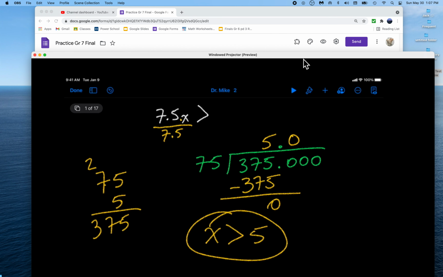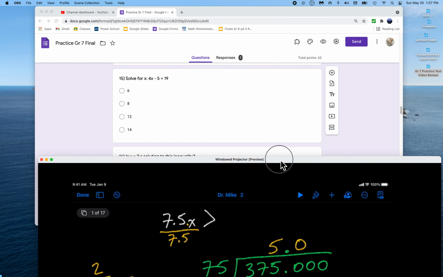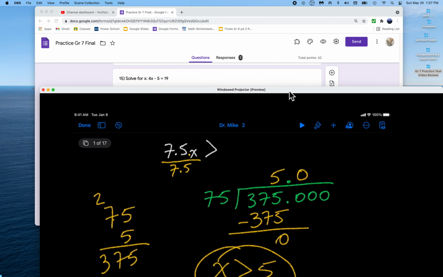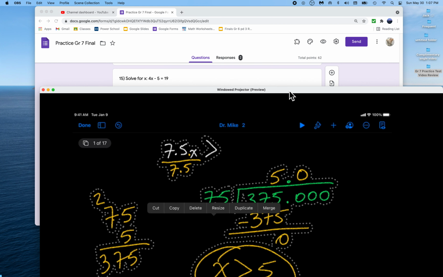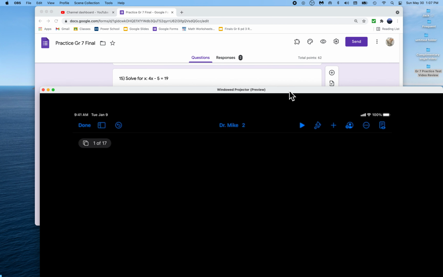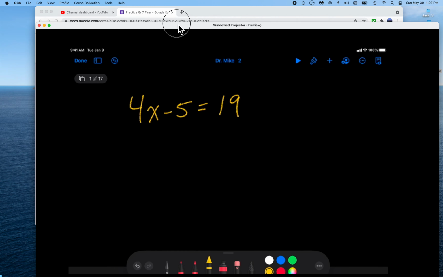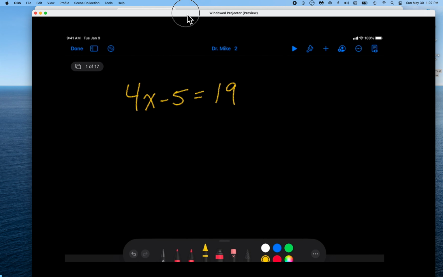Okay, we have another solve for x. Let's see how we're going to handle this one. We have 4x minus 5 equals 19. Okay, folks, by now, at this point in the video, you should be able to handle this easily.